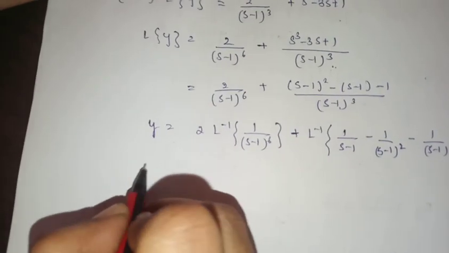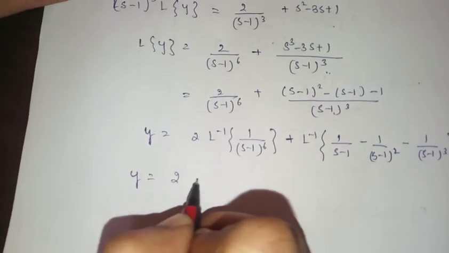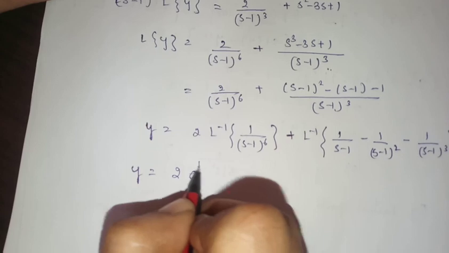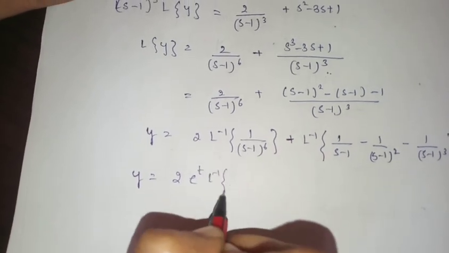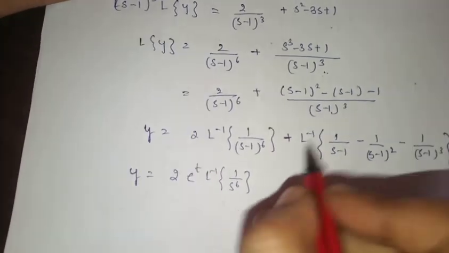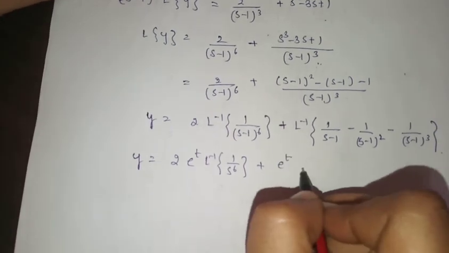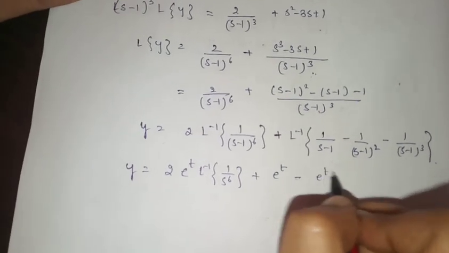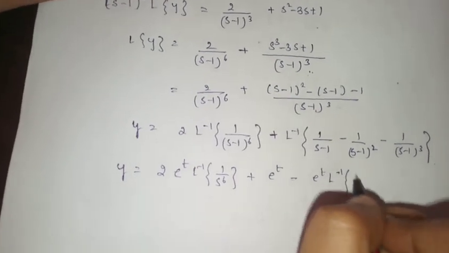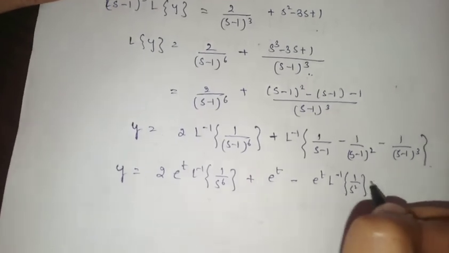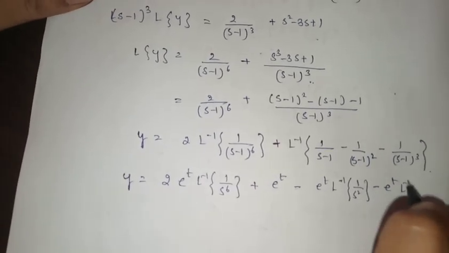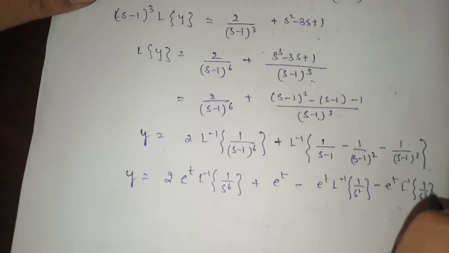So when you write the answer, this is 2 into e to the power t Laplace inverse of 1 by s to the power 6 minus e to the power t Laplace inverse of 1 by s square minus e to the power t Laplace inverse of 1 by s cube.